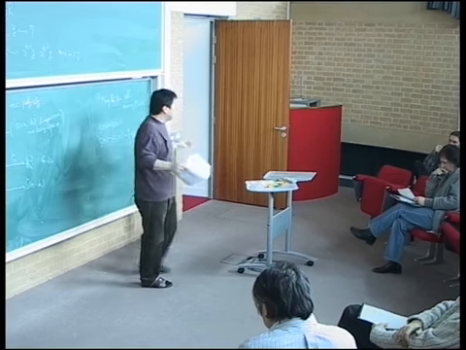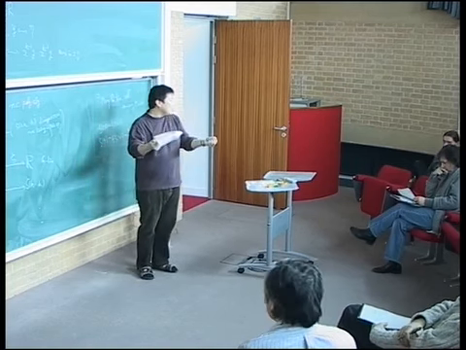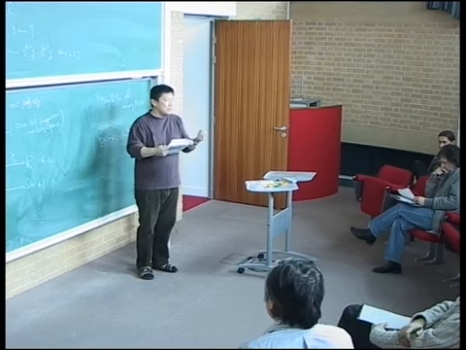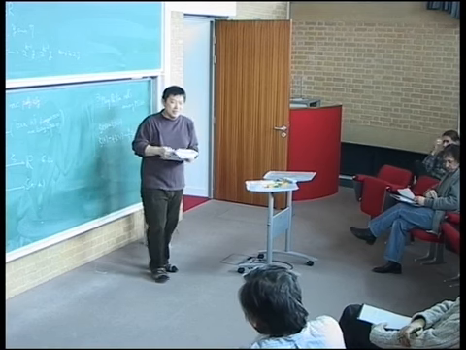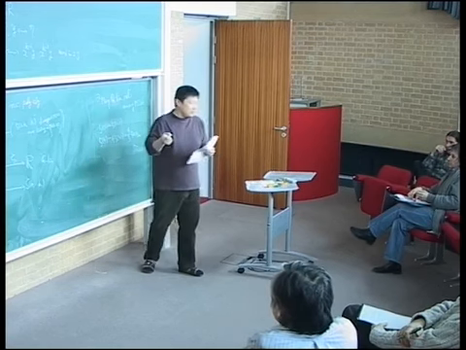There are two natural products for multiple zeta values. If you have two multiple zeta values and consider the product, we have two different ways to describe the product as a linear combination of multiple zeta values.